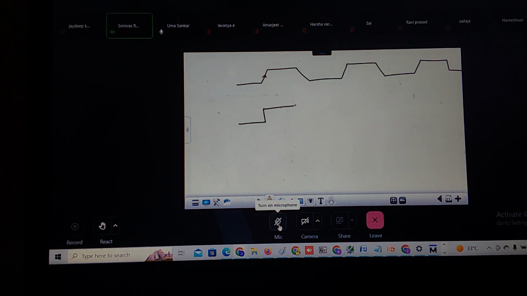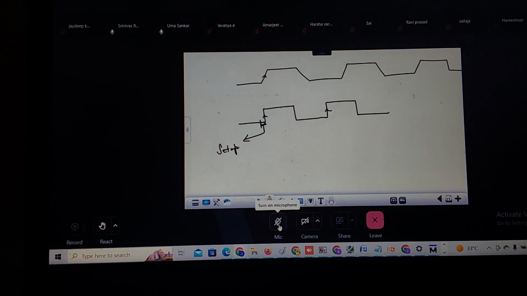If I'm drawing the ideal clock like this, correct? Yes, sir. So these are rising edges. This time period is nothing but the setup time.